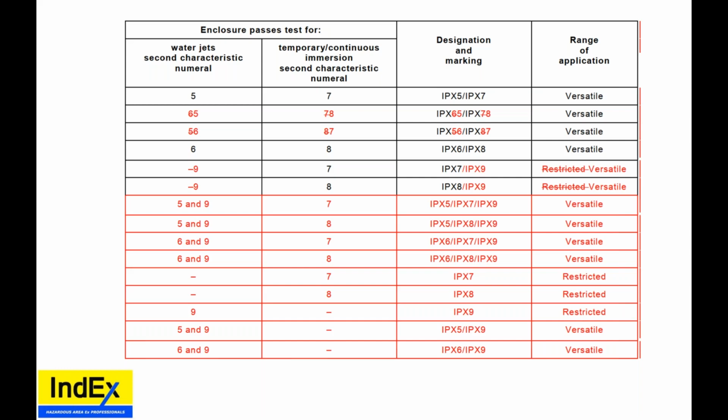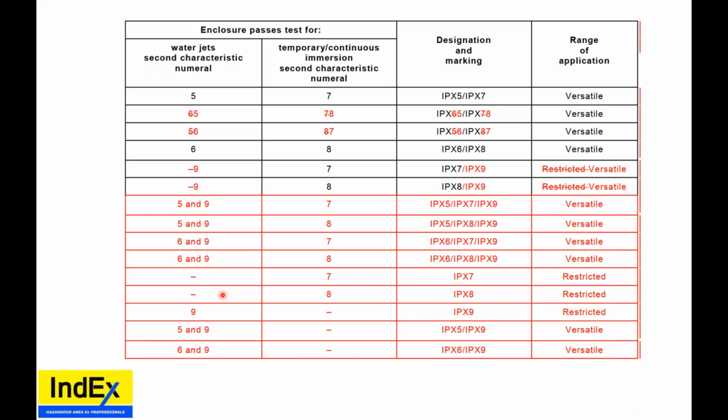Mike, can you please clarify that 7 and 8 do not cover 1, 2, 3, 4, 5, 6? So we look here. IPX8 says it's restricted. Under the column for temporary or continuous immersion, it is rated 8. Under water jets, it has no rating.